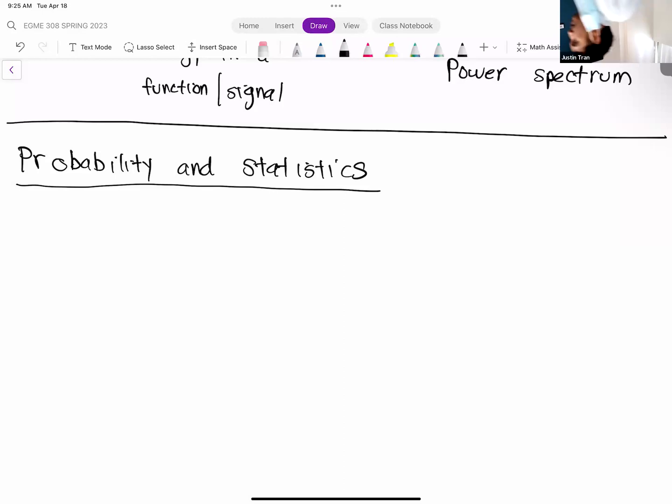Let's introduce this first. Usually when you think about math and performing a mathematical technique, you do it in a deterministic way.